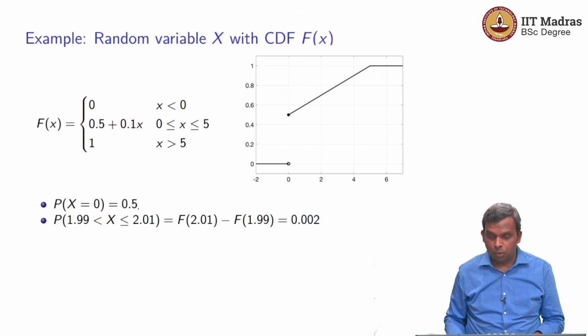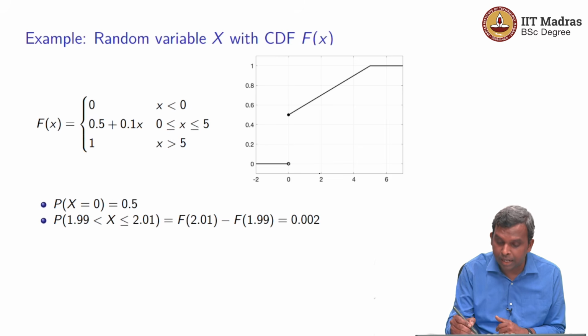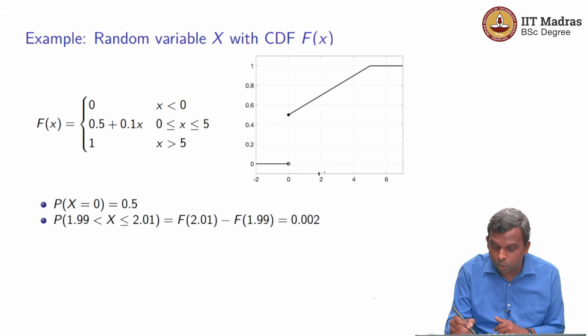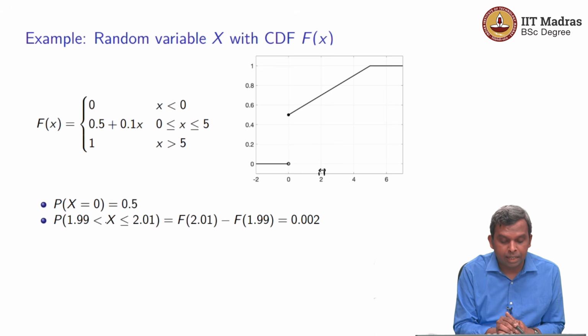Now notice what happens when I look at an interval around 2. These values 1.99 and 2.01 are somewhere here. I'm going to take small intervals around the point 2. What's the probability that x falls between 1.99 and 2.01? Notice how I put strictly less than here and less than or equal to here.